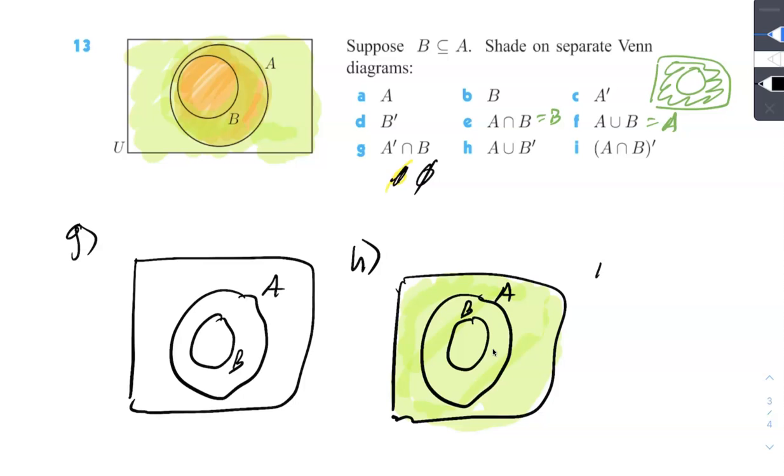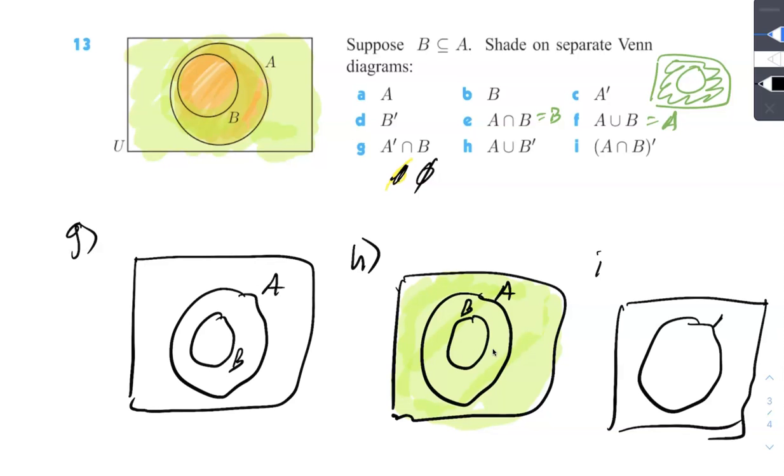Okay, last one, I. So here is A, and here is B. And just like last time, I'll do my little thing here. So look what it wants. It wants the intersection of A and B. Now remember we talked about that earlier.